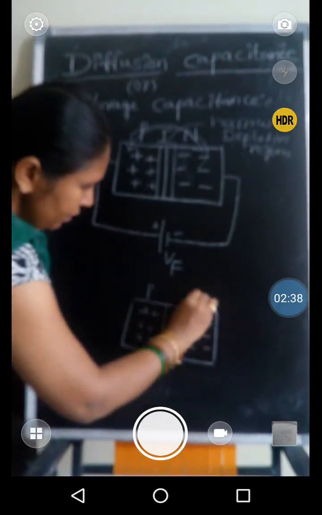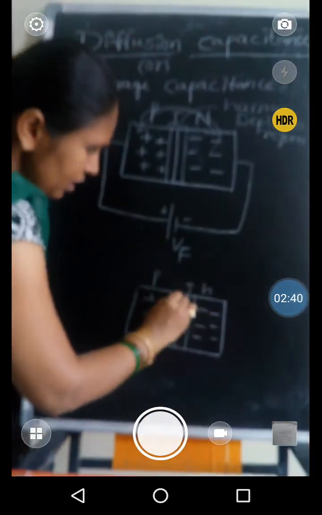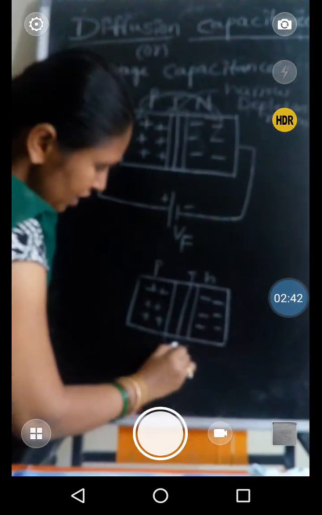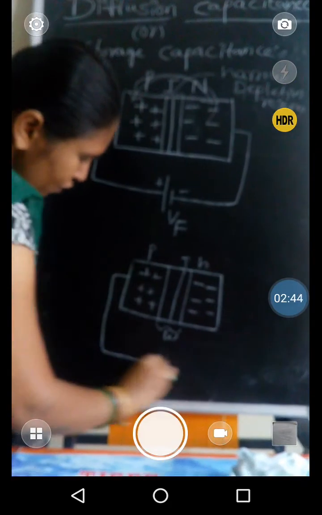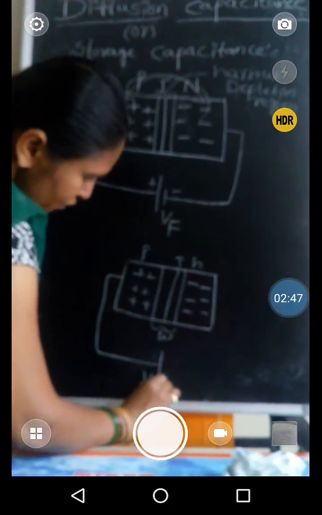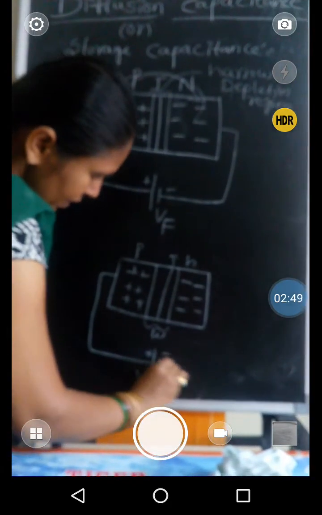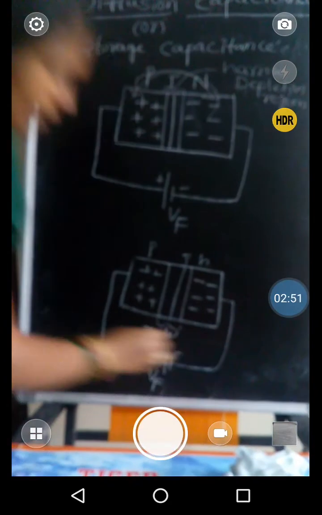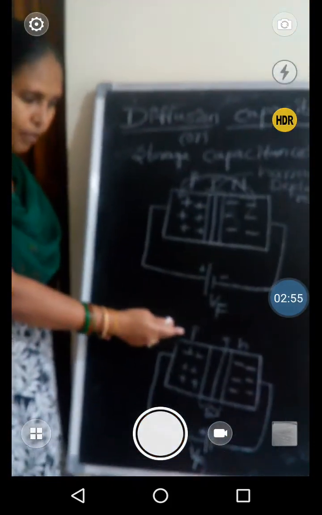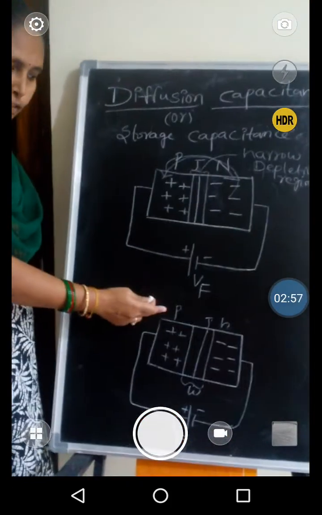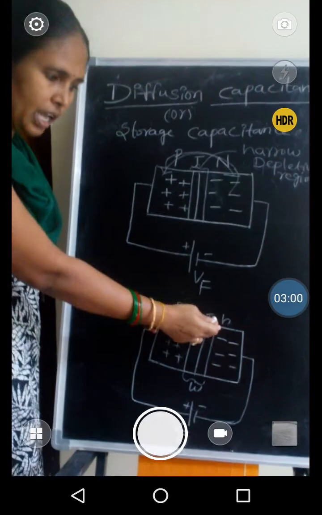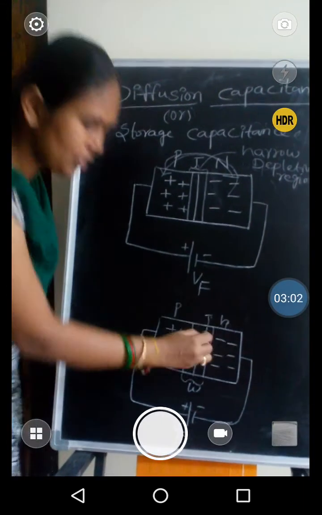This is the p-type, n-type. This is the junction. This is the width of the depletion region W. We are applying forward voltage Vf, positive, negative.